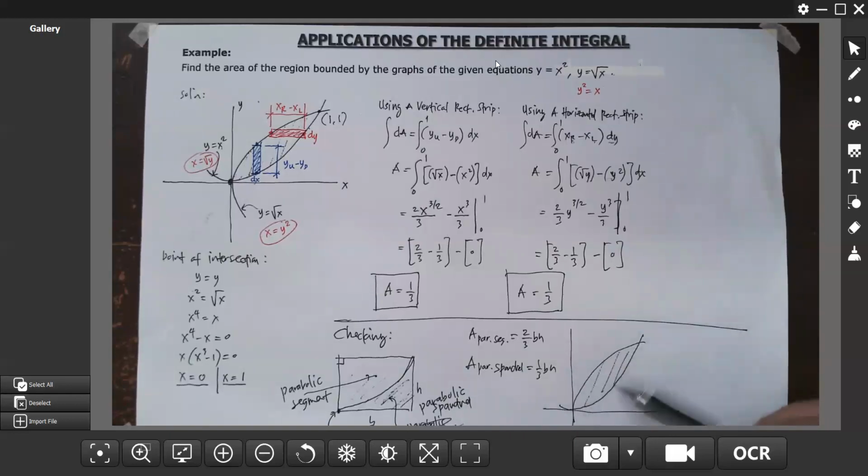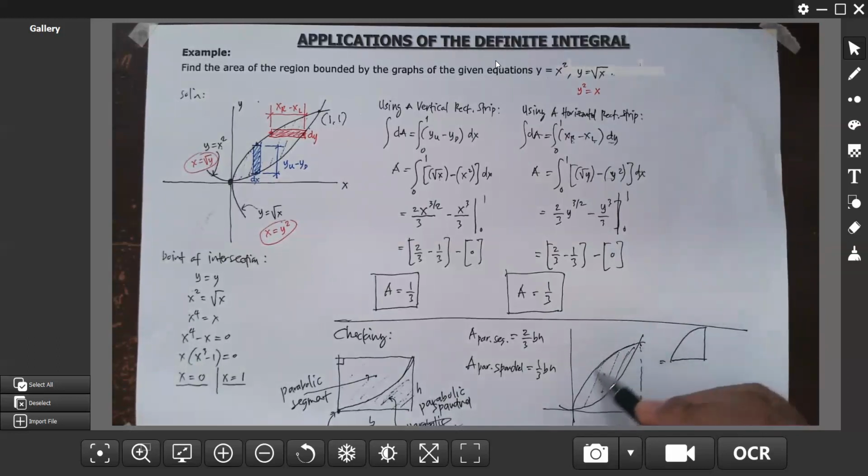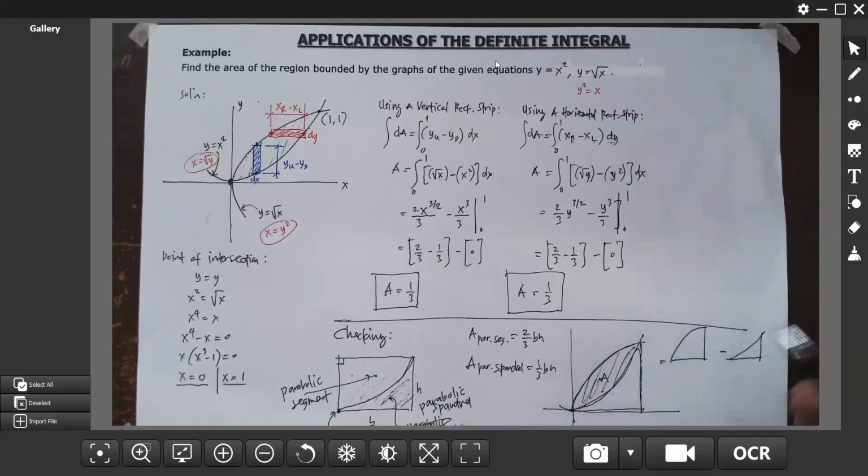If we drop a dotted line, this area is actually this one, 1, 2, 3, minus this one. This area: parabolic segment minus spandrel.